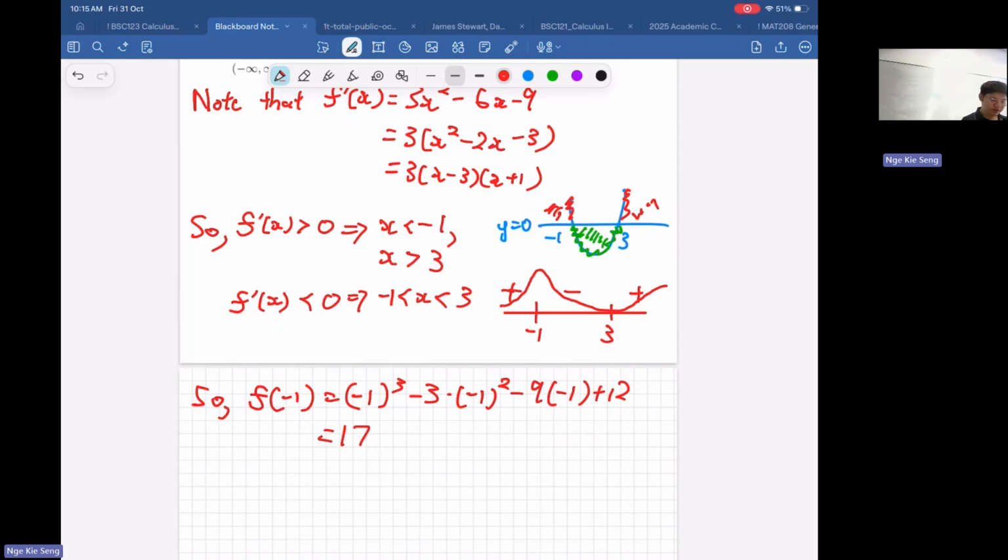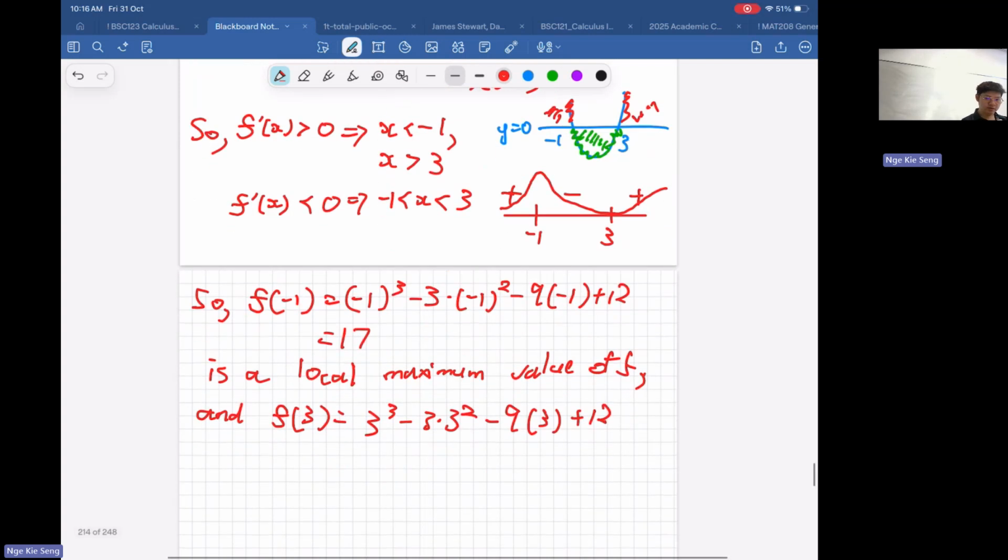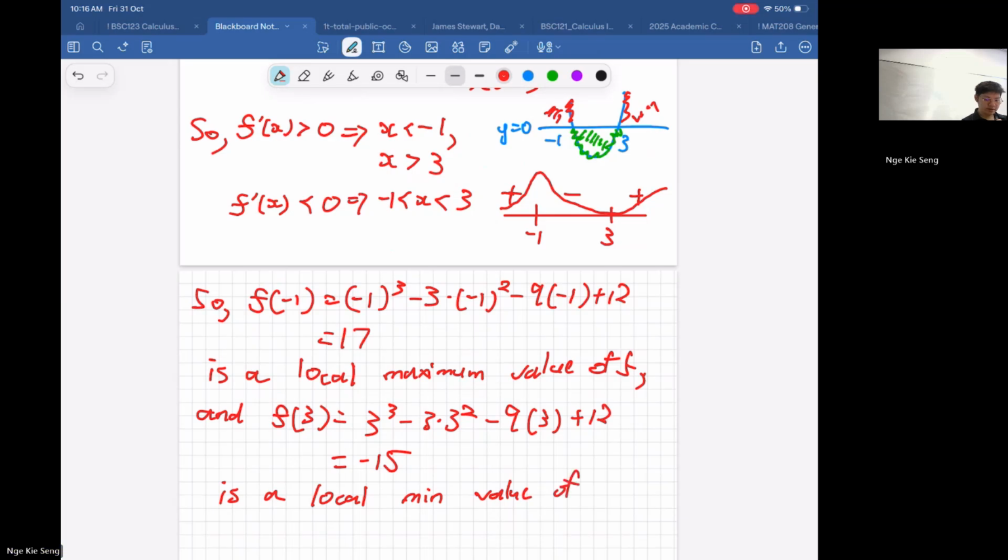So this value is a local maximum value of f. And f of 3 is 3 cubed minus 3 times 3 squared minus 9 times 3 plus 12. This is actually minus 15, and this is a local minimum value. These two together are the local extreme values.